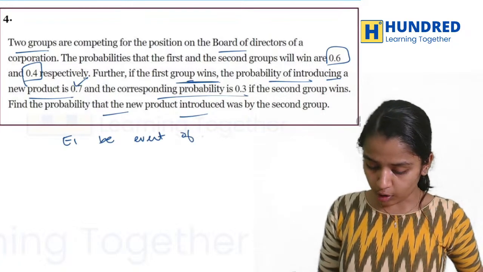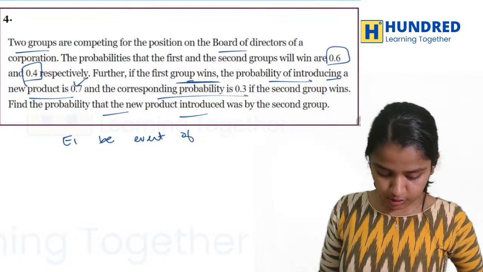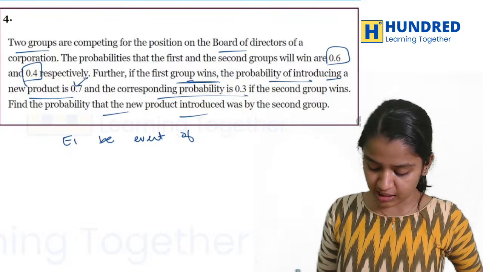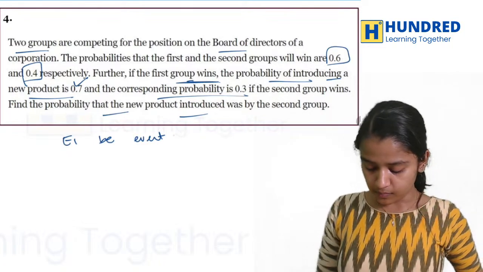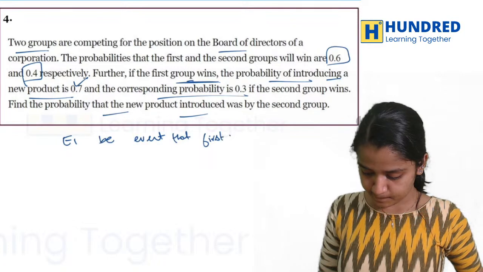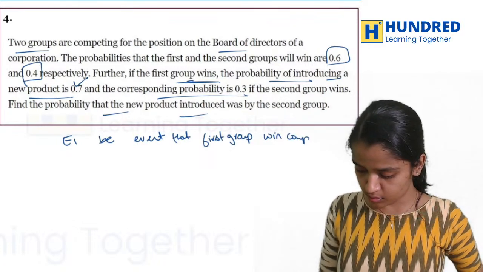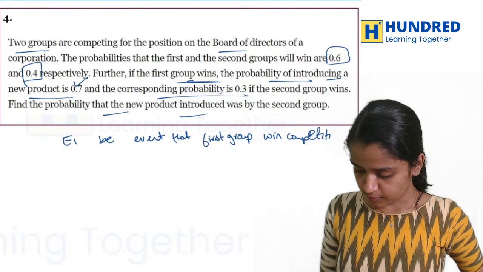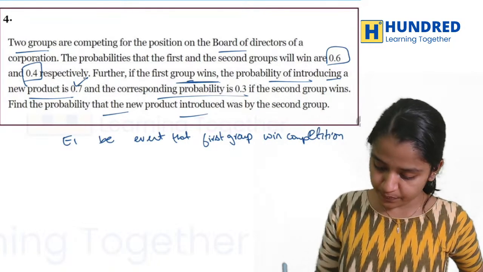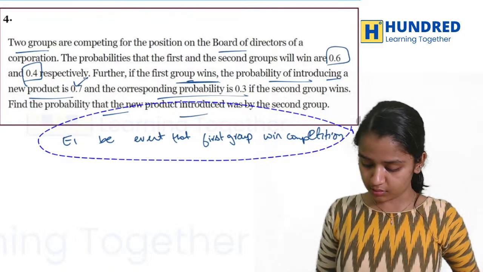event that the first group wins the competition. Now E2 is the event that the second group wins the competition.